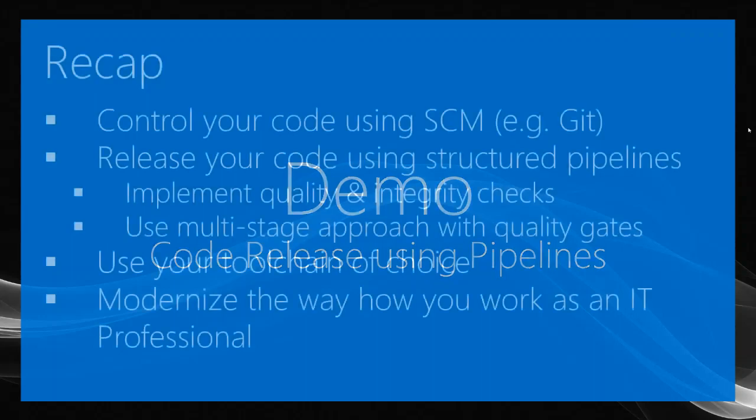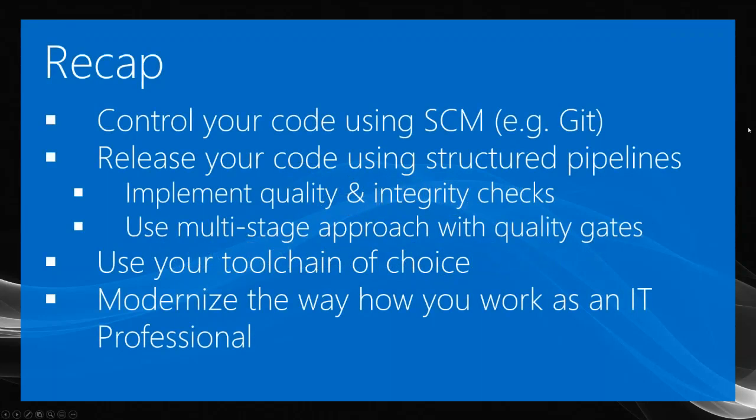So that was it. Maybe quick recap. We really suggest and encourage you to control all of your code, no matter if it's ARM templates, Terraform configs, PowerShell scripts, Azure CLI scripts, whatever you use to automate your environment. Use a source control management system, Git or something else, to really get in control of your code.